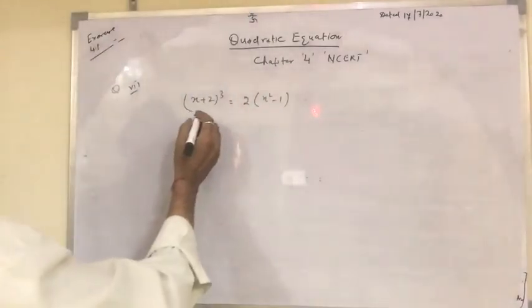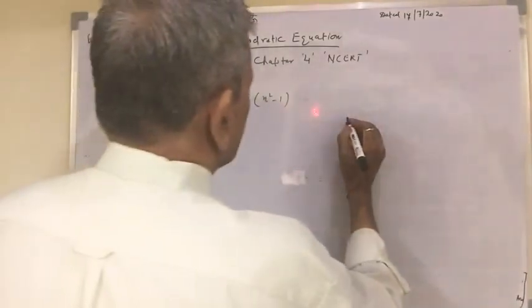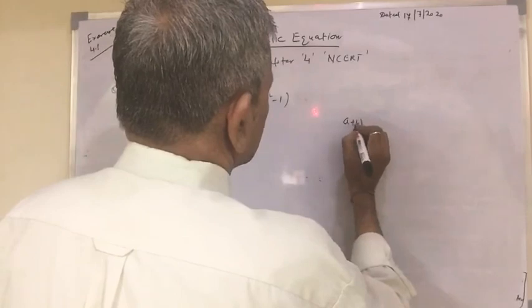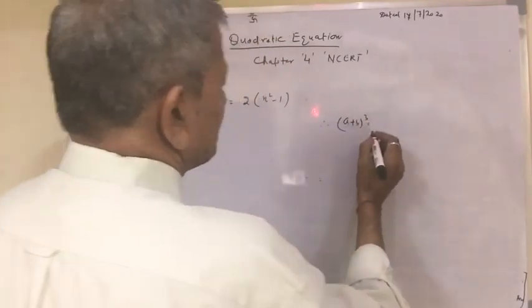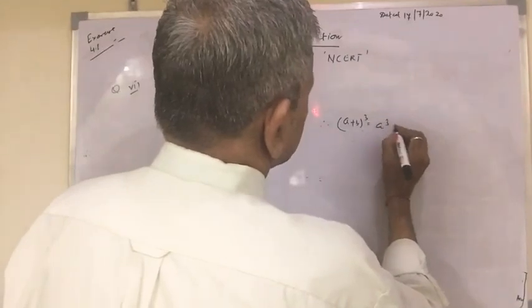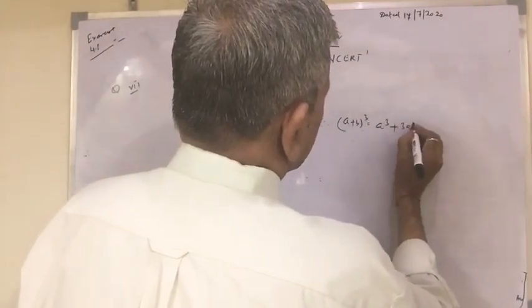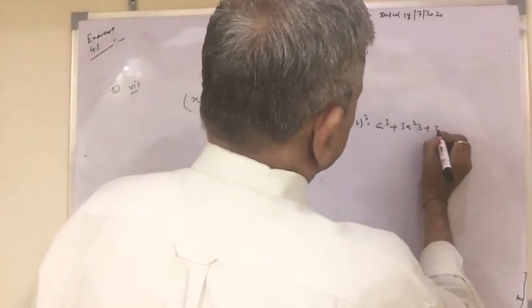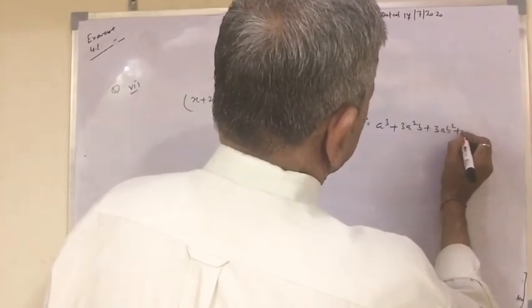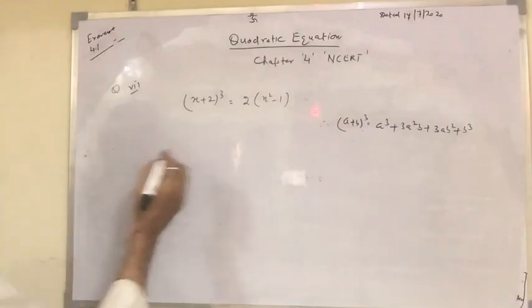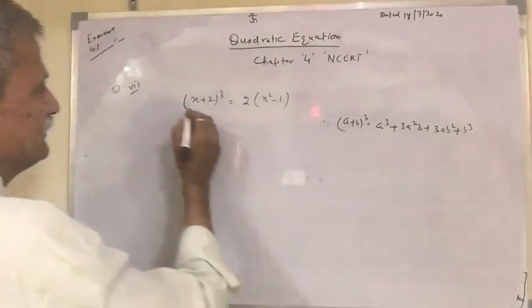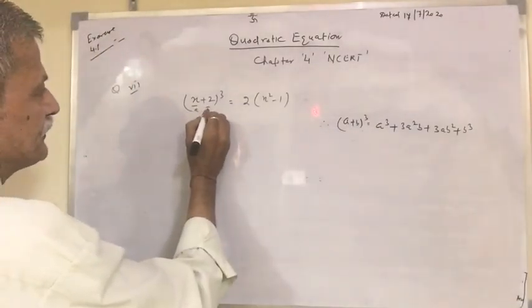So in this case you can open this bracket with the formula for (a plus b) cube. It is given because (a plus b) cube is a cube plus 3a square b plus 3ab square plus b cube. Now if you open this bracket with this formula, this is your a and this is your b.